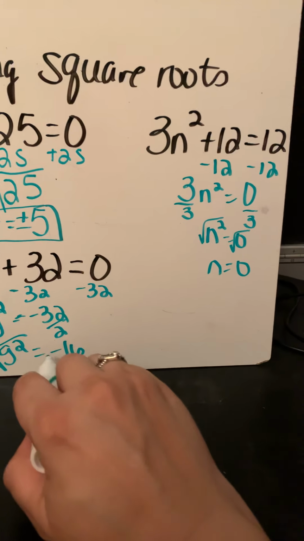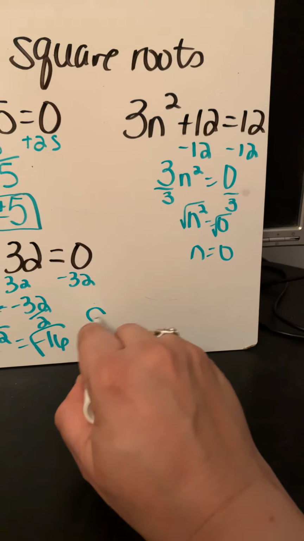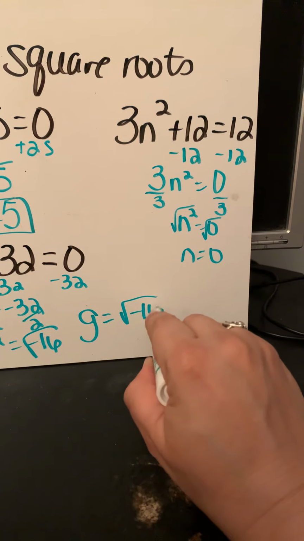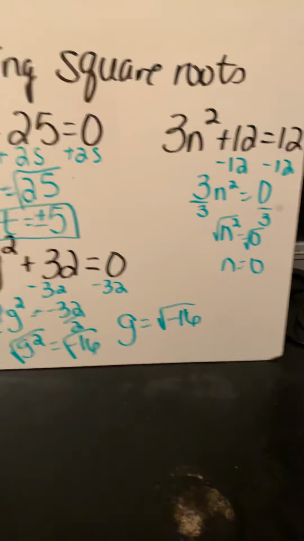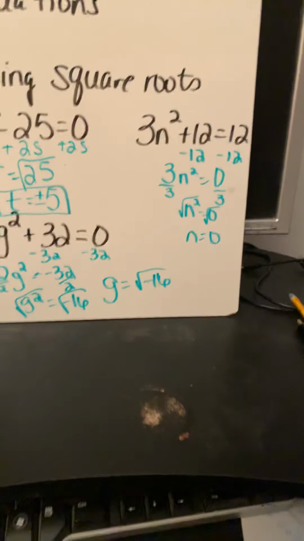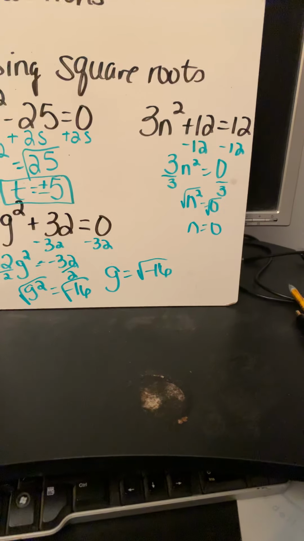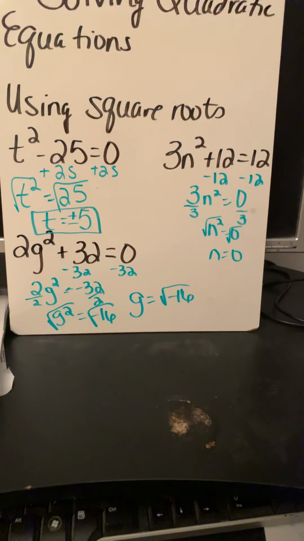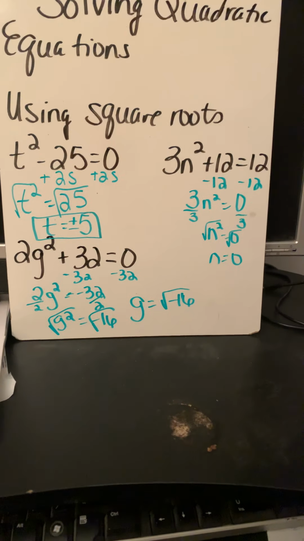Square root it. So now I got g equals the square root of a negative 16. Now you guys know from years and years of education that you cannot take the square root of a negative number. But you actually can.